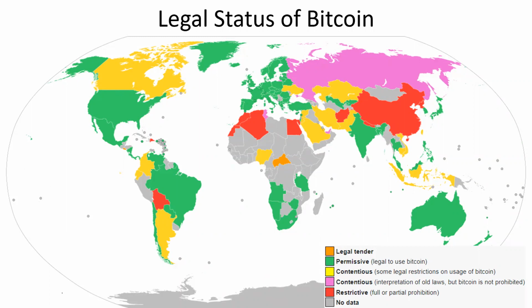Two countries make it legal tender. El Salvador, a little country here in Central America, and the Central African Republic here, both of them have made Bitcoins the national currency. In other words, they gave up on using whatever it was. Actually, just before they went to Bitcoin, El Salvador used the United States dollar. Before that, they had their own currency.